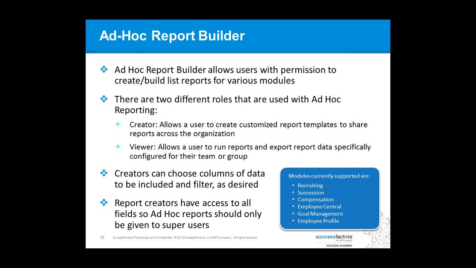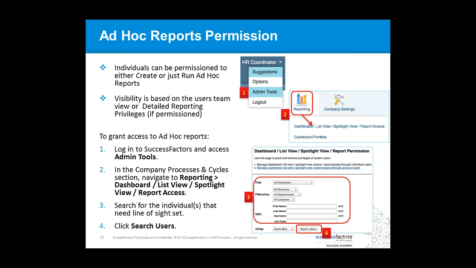Generally, report creators are given only to super users, and you can create ad hoc reports for recruiting, succession, compensation, employee central, goal management, and also employee profile areas. So again, you need to give the permissions through admin tools, reporting, and dashboard, list view, spotlight view, report access.